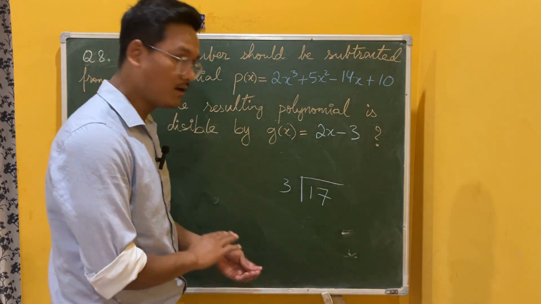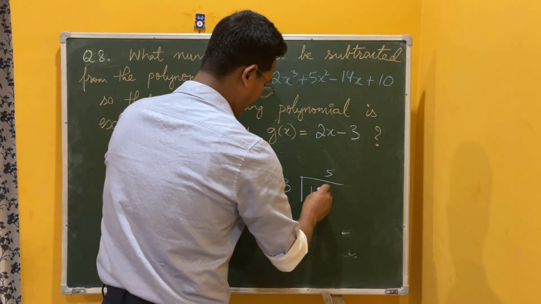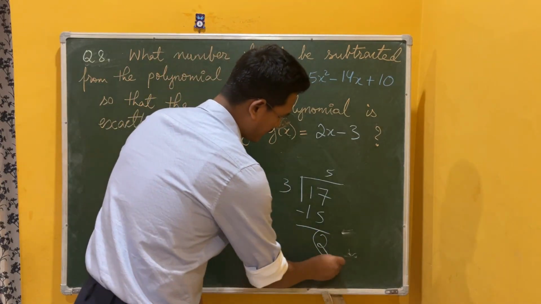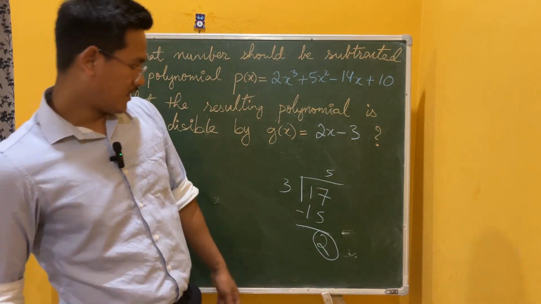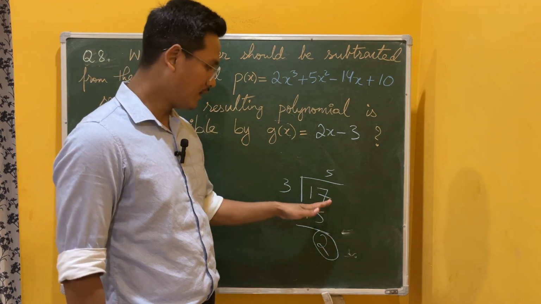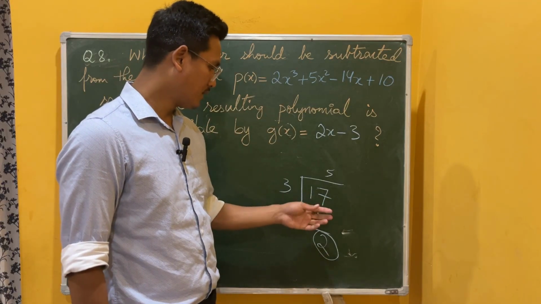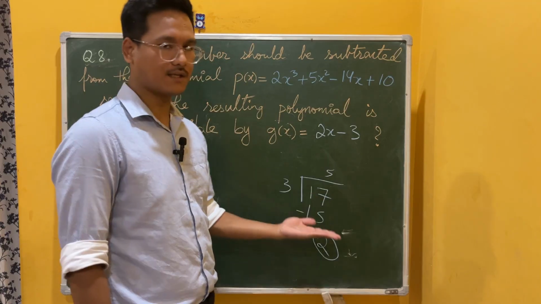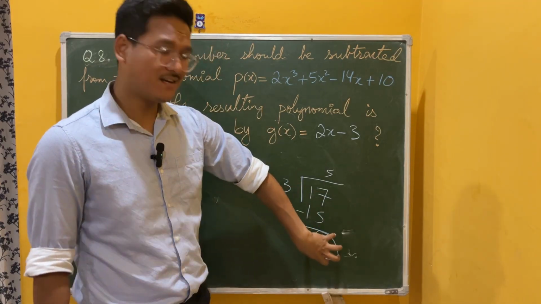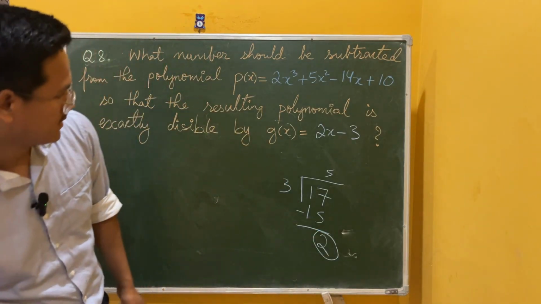Something similar to this question. So 3 times 5 is 15. The remainder is 2, meaning if you subtract 2 from 17, then it is exactly divisible. And that's true. If you subtract 2 from 17, it is 15, and 15 is exactly divisible by 3. So the remainder determines how much you must subtract.